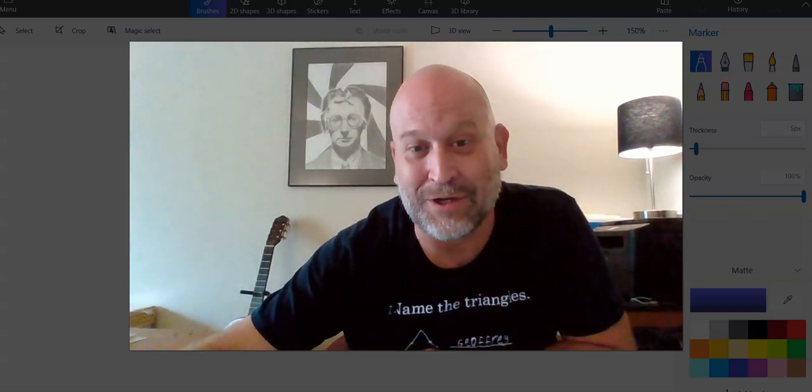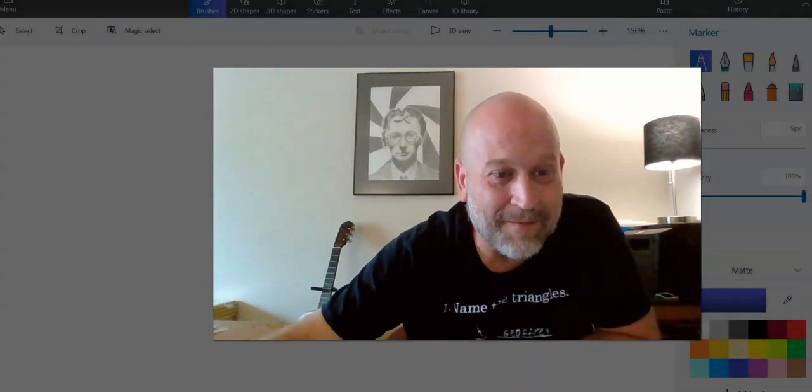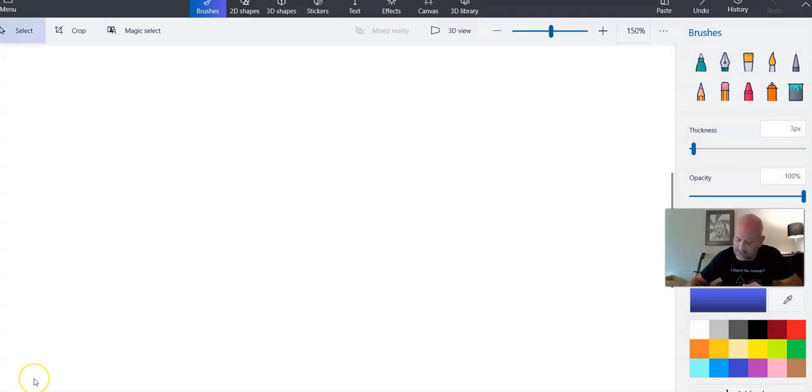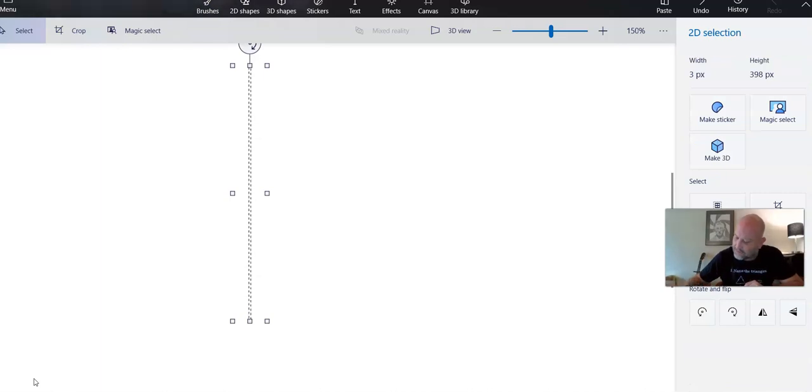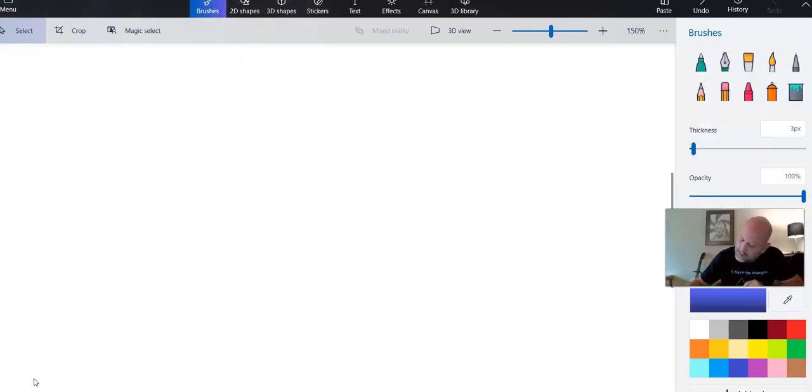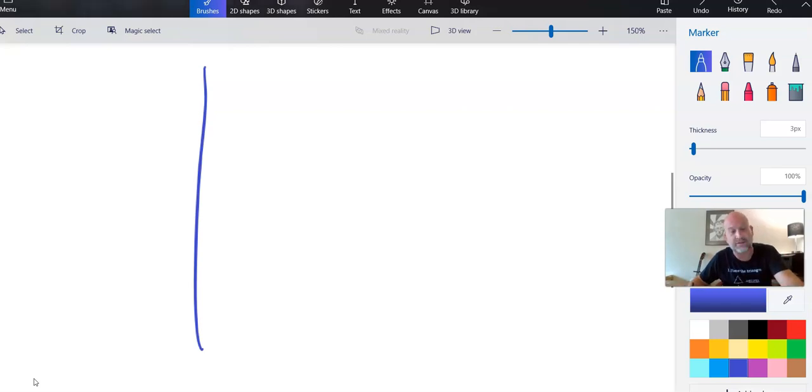Let's go ahead and actually talk about slope. Okay, so slope is a measure of steepness.